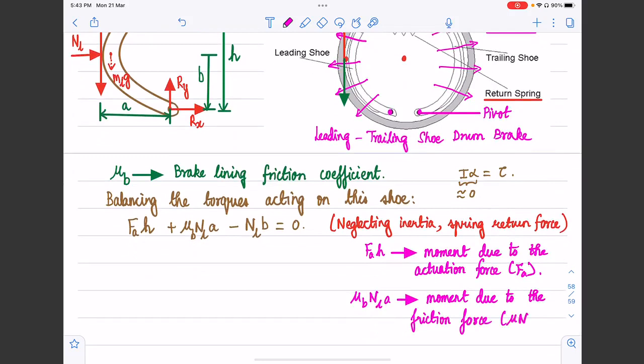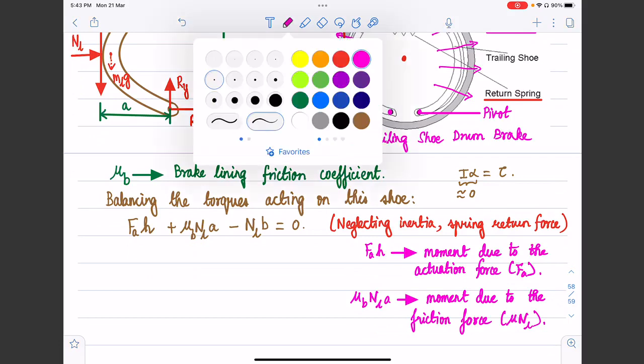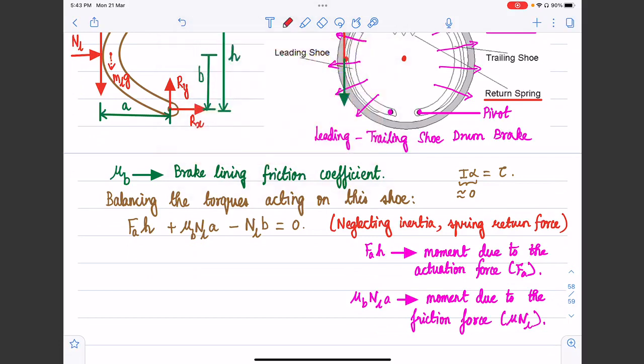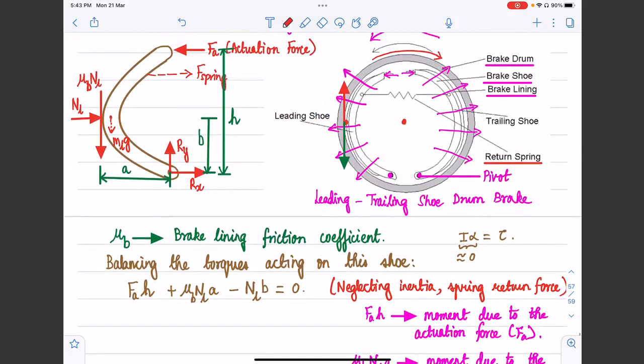Now we can observe from this particular scenario something very interesting. In this particular brake shoe, due to the way things are set up, the torque due to friction force is in fact augmenting the torque due to actuation force. We can also physically perceive it.